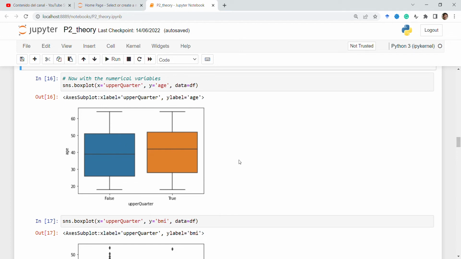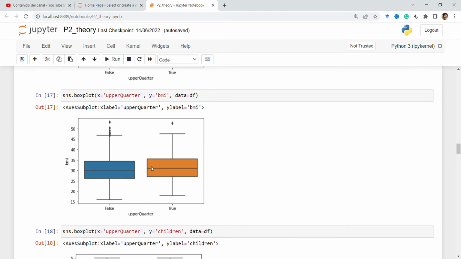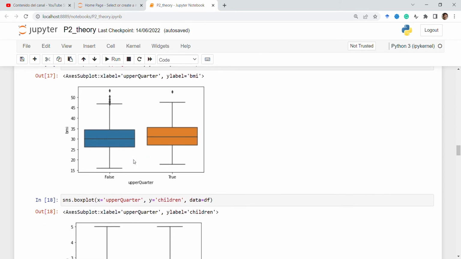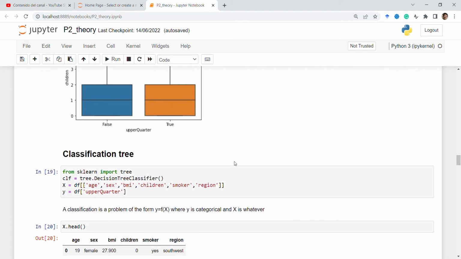So the distribution of ages seems to be more or less the same, and the same for the body mass index. It seems that these people tend to be a little bit thinner, but not so much. We will see later. And the other one is number of children. So again, it doesn't seem that there is a difference in the number of children.